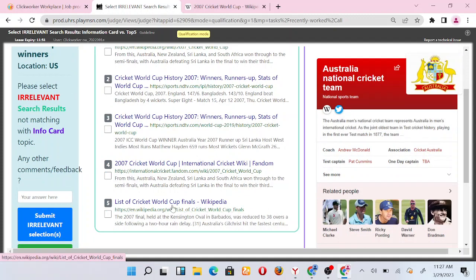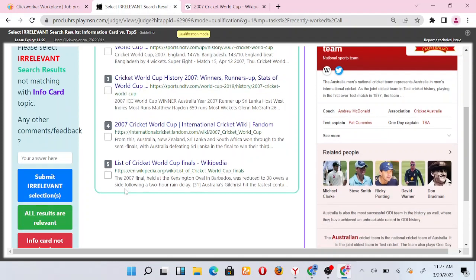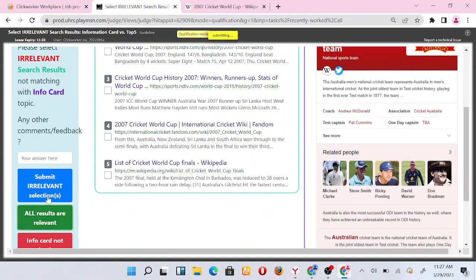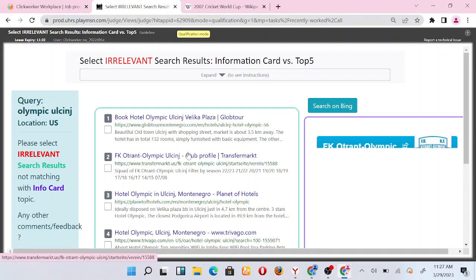List of cricket World Cup finals. The Australian men national team. Okay, since all these are talking about 2007, where Australia also was part of the finalists, I think they are all relevant to Australian national team. I think so. All relevant are most preferred.